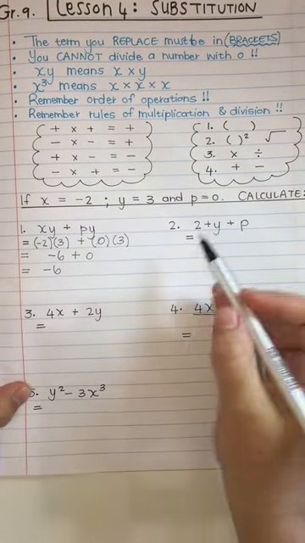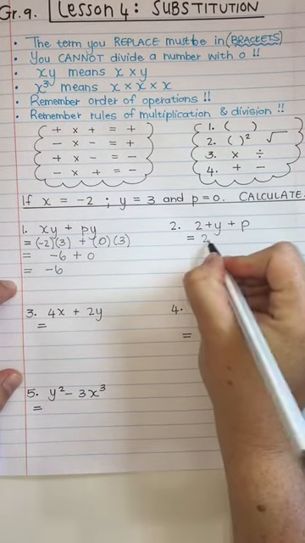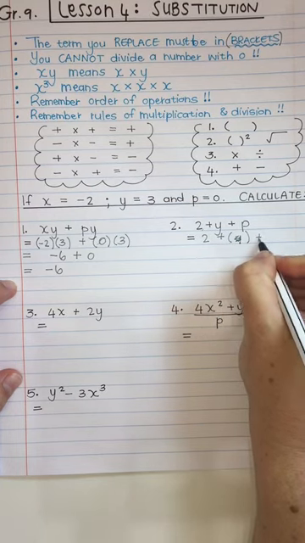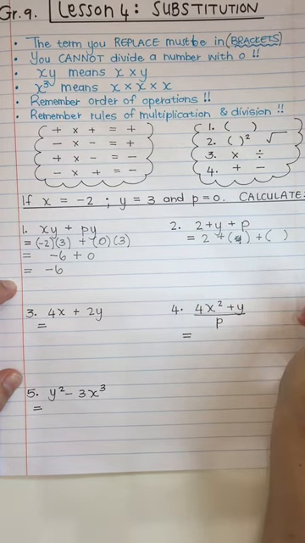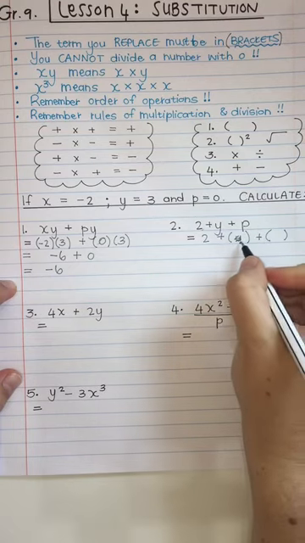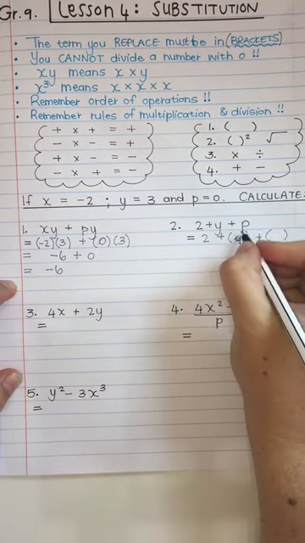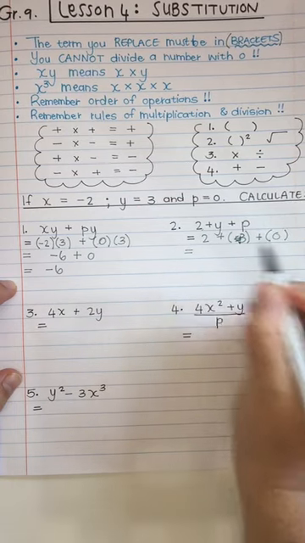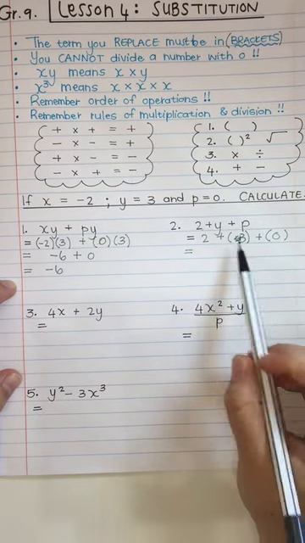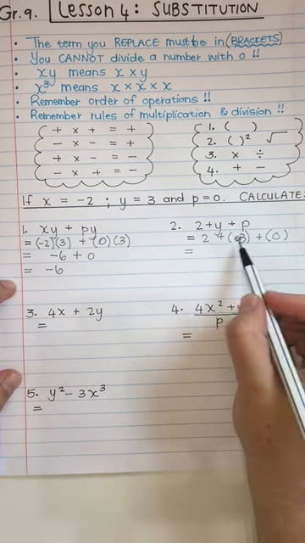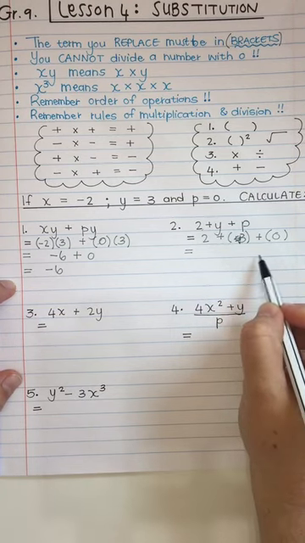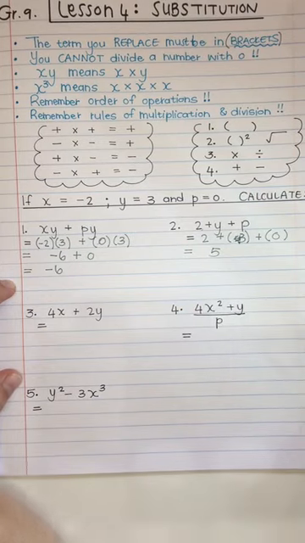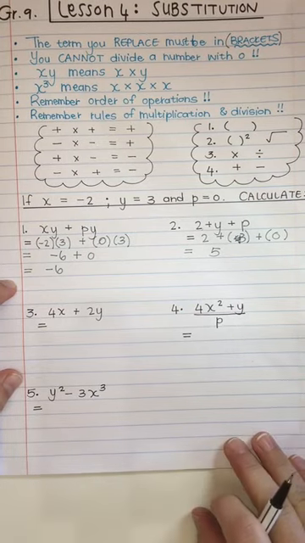Easy. The second one, 2 plus bracket. Oh, can you believe, I put in a y again. But anyway, your brackets: y is 3 and p is 0. Now we can just take out the brackets, and 2 plus 3 is 5, plus 0 is just 5.